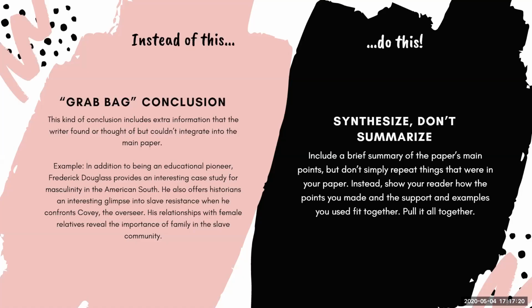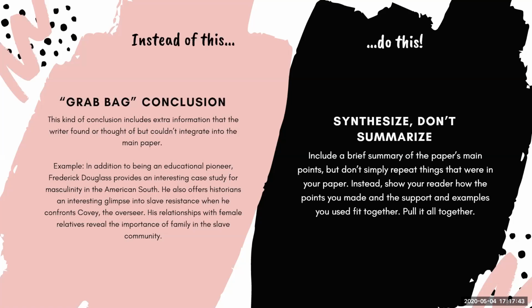At this point, it's probably smarter to think about what you do and don't need. So if you do have extra information, don't just put it in the conclusion. Maybe re-examine your body paragraphs and think about what is important, what can go, what needs to stay, and do you need that extra information you haven't written about?